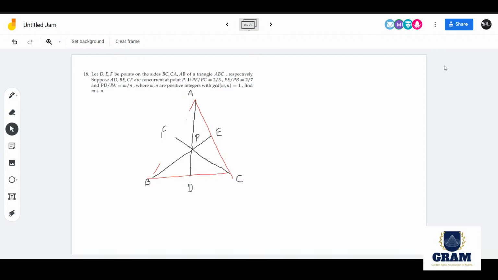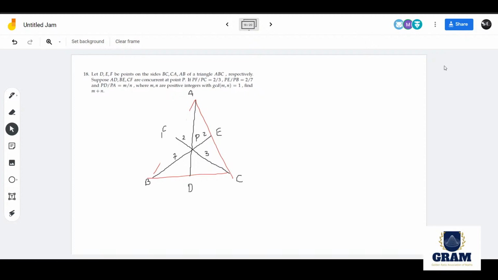Just draw the ratios like PF. It's given that PF upon FC is 2 upon 3 and PE upon PV is 2 upon 7. So basically we need to find PD upon PA.